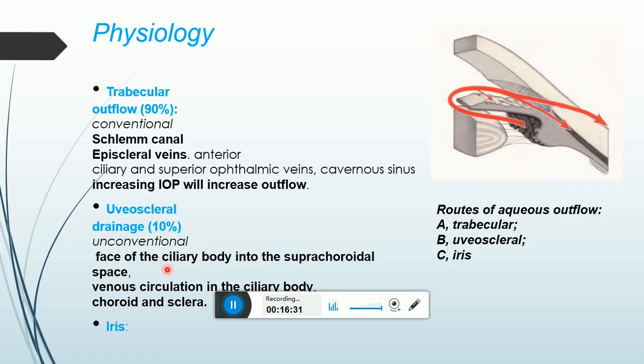Unconventional, it occurs through the face of the ciliary body into the suprachoroidal space, and is drained by the venous circulation in the ciliary body, choroid, and sclera. Some of the aqueous also drains via the iris. The third part is iris.